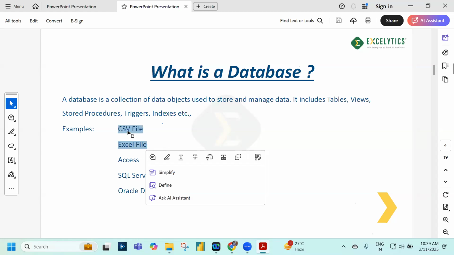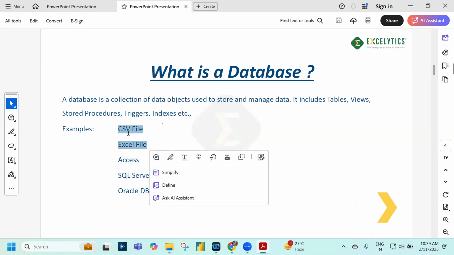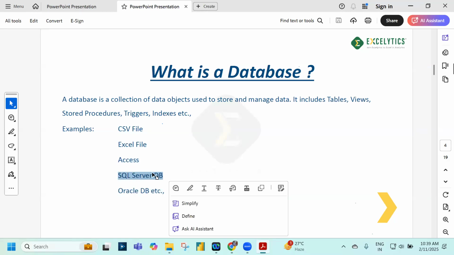You cannot consider these two as databases. These are simply files. But these are databases: Access database, SQL Server database, Oracle database. These simple files are not managed by any server, but these are managed by a server. And we are going to work with SQL Server databases only.